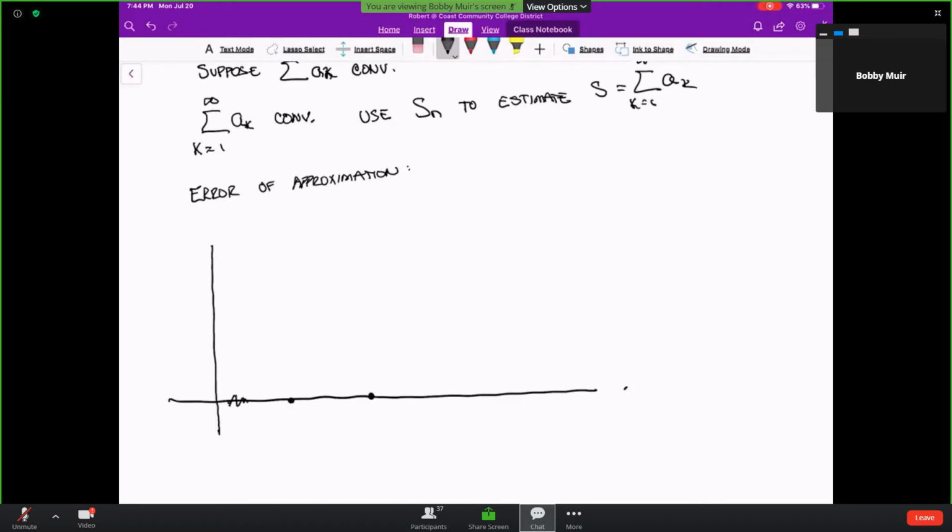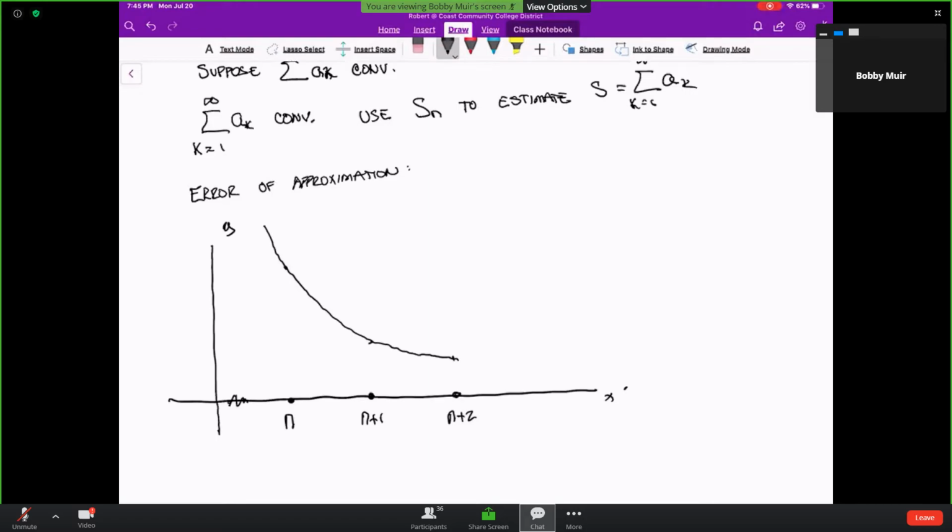Then here's n, this could be n plus 1, and maybe this could be n plus 2. Now, my function is coming through these points, sweeping down. That's a little too linear. It's coming down like this, coming down, coming down.